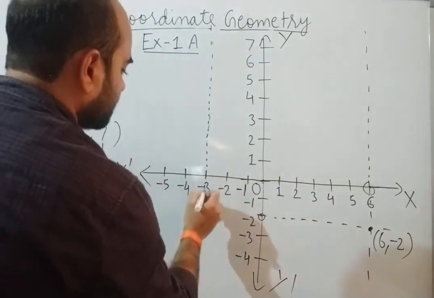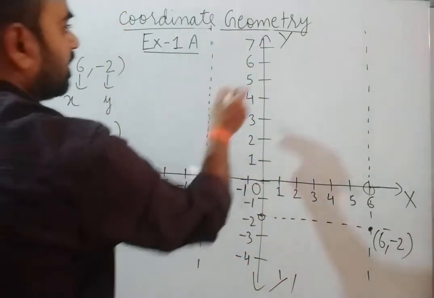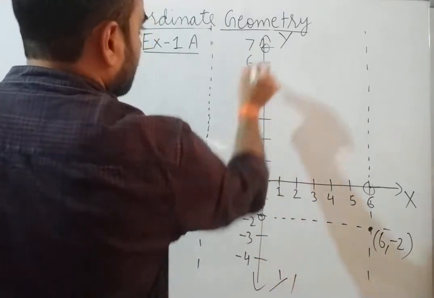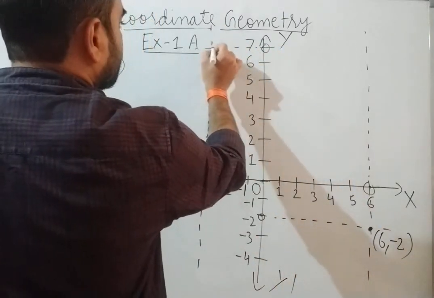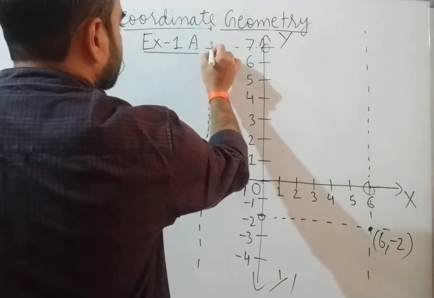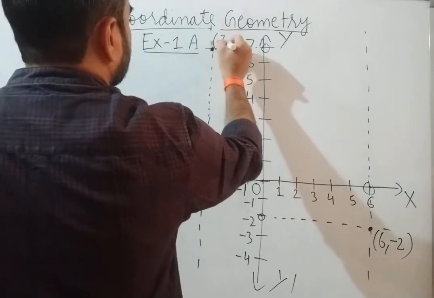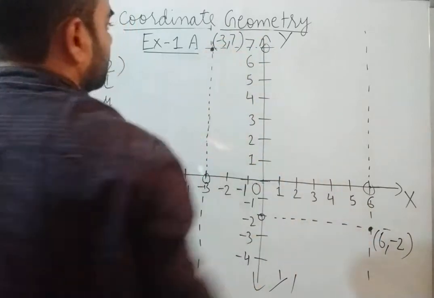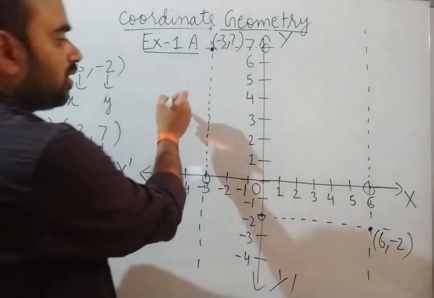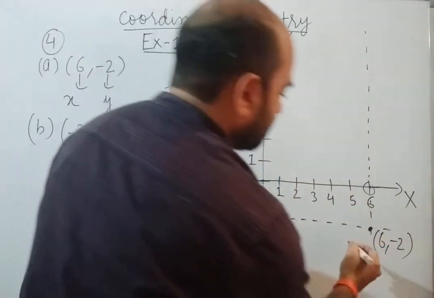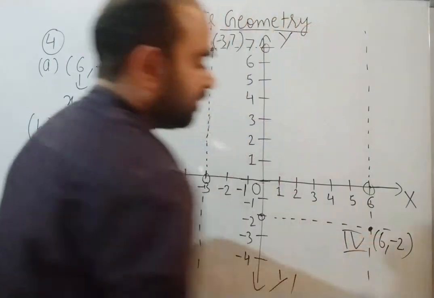And y is 7. Y 7 means this is 7. So this is the point of intersection. This is the point minus 3, 7. Clear? That is the second quadrant, and the previous one was the fourth quadrant.